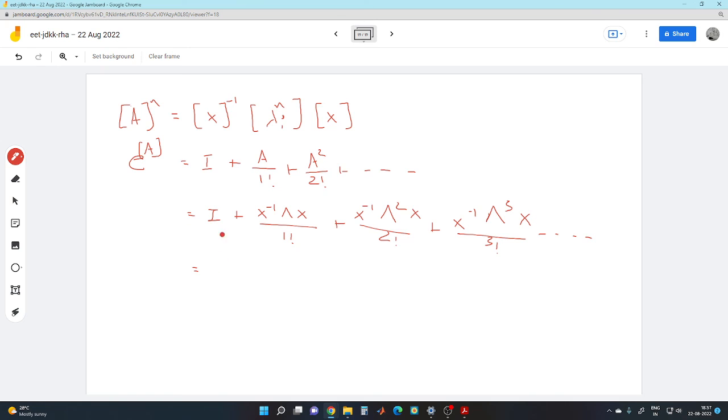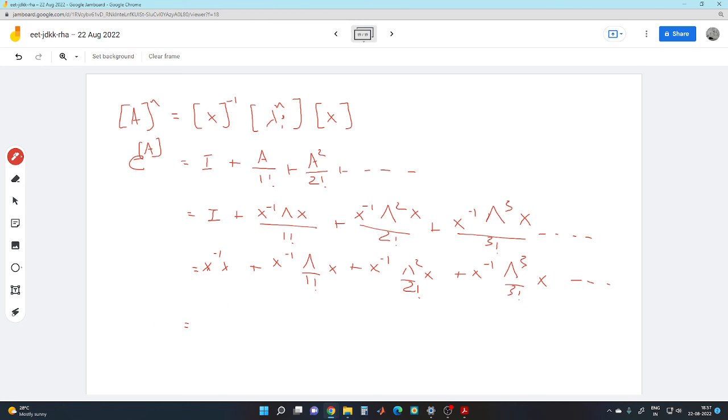So this can be rewritten as X inverse X plus X inverse lambda by 1 factorial X plus X inverse lambda square by 2 factorial X, X inverse lambda cube by 3 factorial X, and so on.